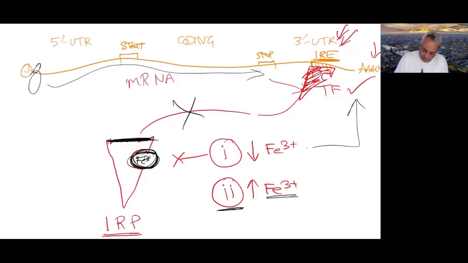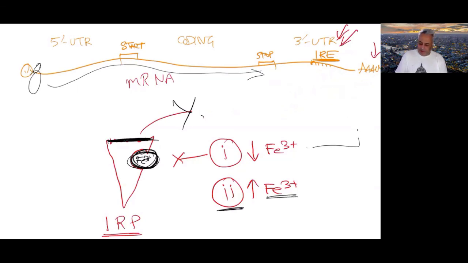So let's get rid of this line. And therefore, it's not sitting here. Let's just get rid of this too for the time being. It's not sitting there on the messenger RNA. And now our enzymatic friends are free to attack the messenger RNA.